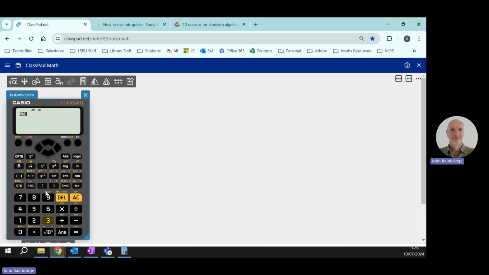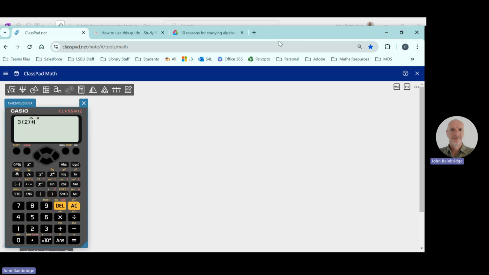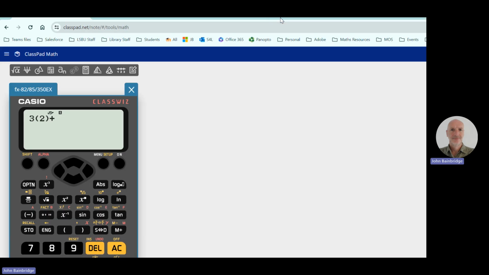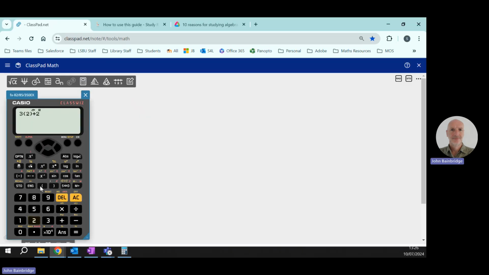It was 3, and then we substituted the value of 2 for a, and then for b, we substituted the value 5. So we can just write it like that, and we press equals, and that's working out 3 times 2 and 2 times 5.